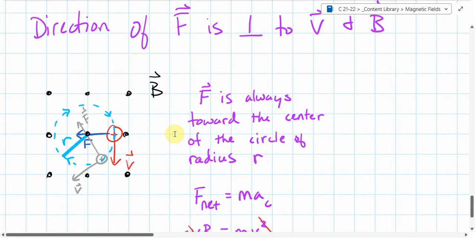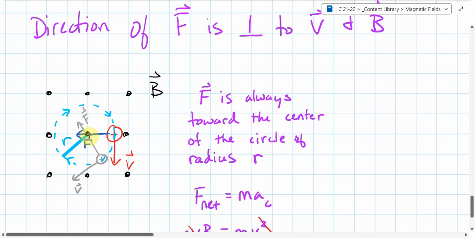So here's a little picture of a situation where that might happen. I've got magnetic field coming out of the page. In this picture, velocity was down at this moment. So if you do your right hand rule, it's a positive charge under there, and the force was to the left. Here's the thing. What will end up happening is because the force is perpendicular to velocity, it's a centripetal force.